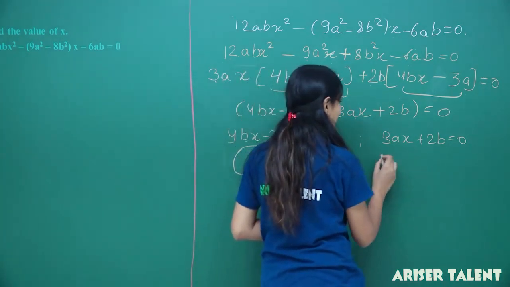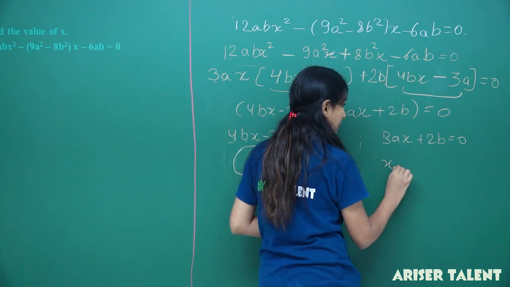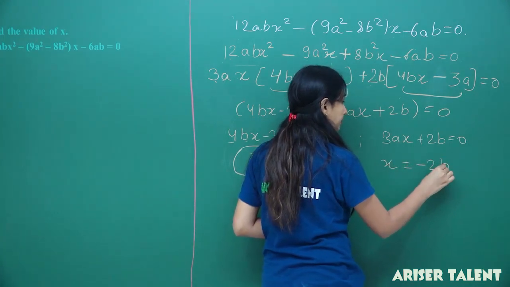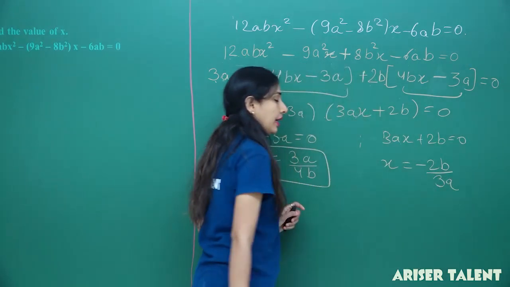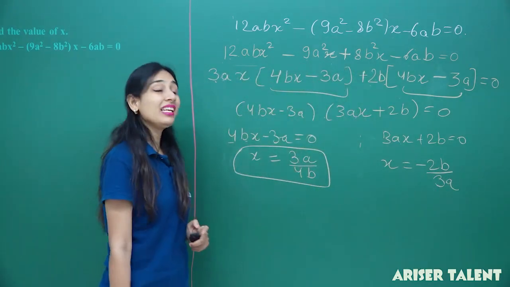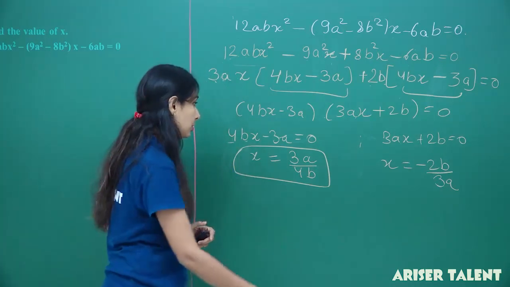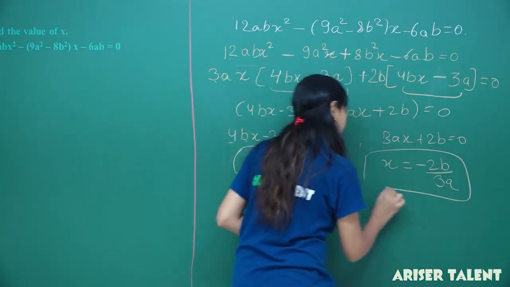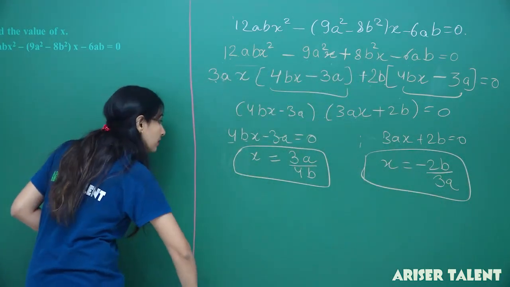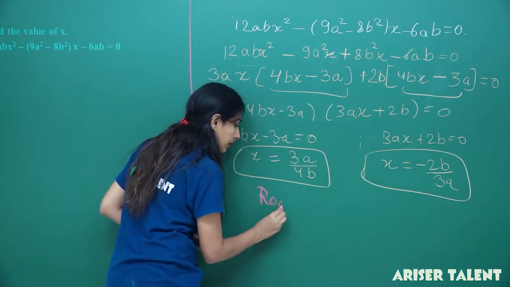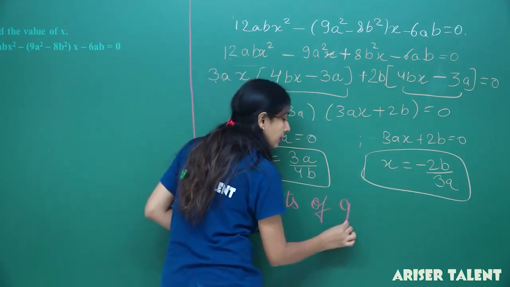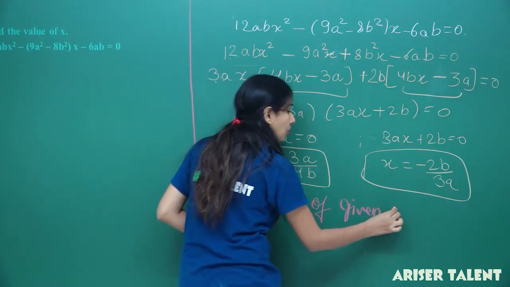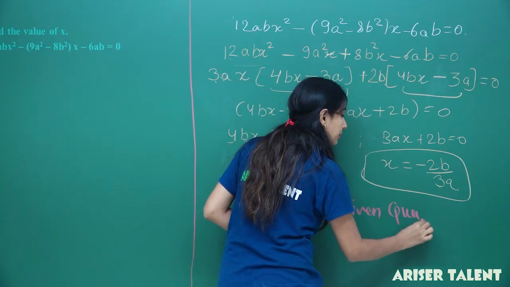Now for this, what will it become? x here, minus 2b here, then 3 and a. So that will be x equals minus 2 by 3 b by a. Okay, so these are what? These will be known as roots, right students? Roots of the given quadratic equation.